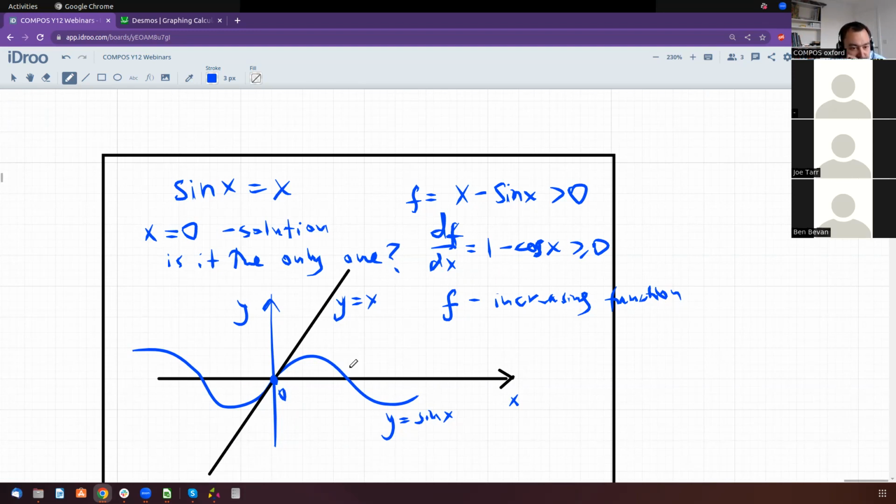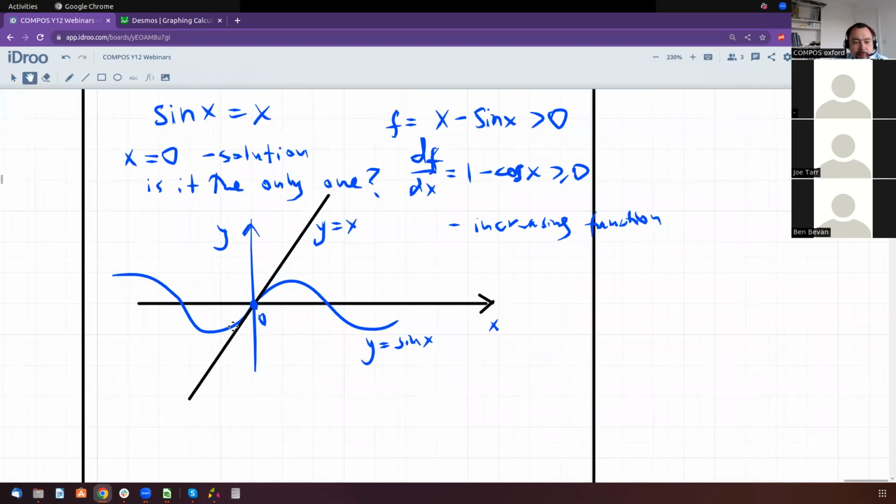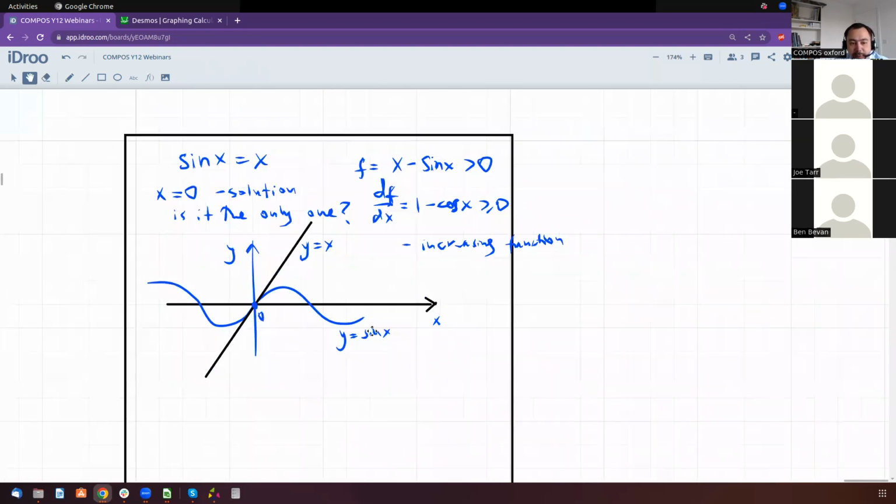But you see, proving that there are no other solutions requires either graphing or finding derivatives. There's no algebraic way of just solving it. So that's what I'm saying.